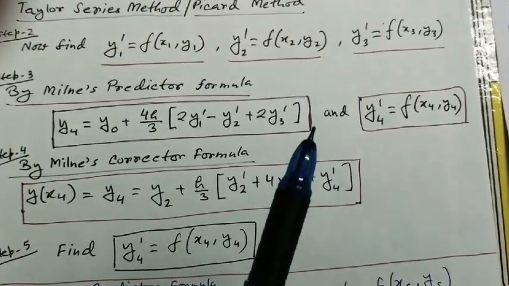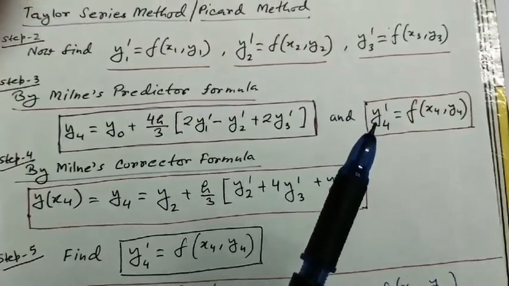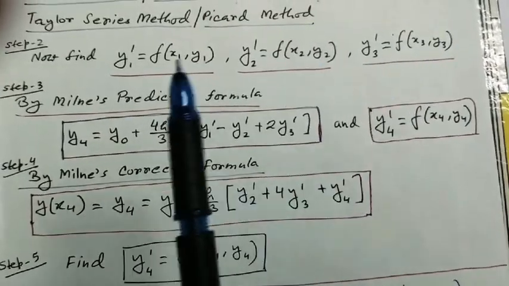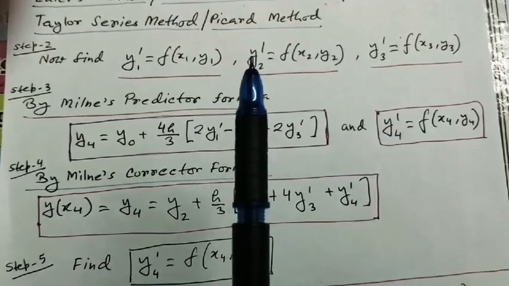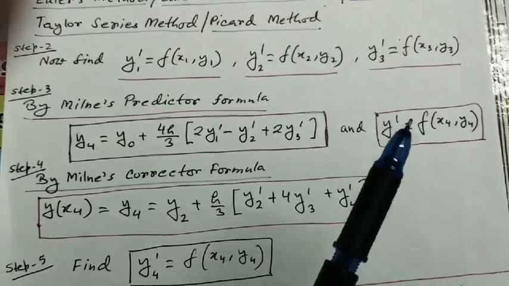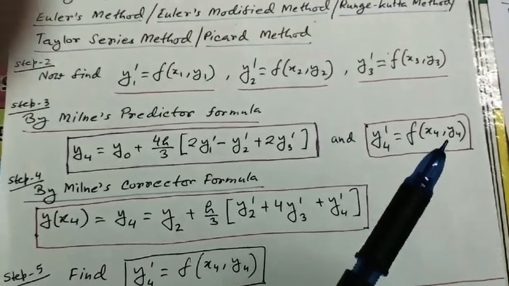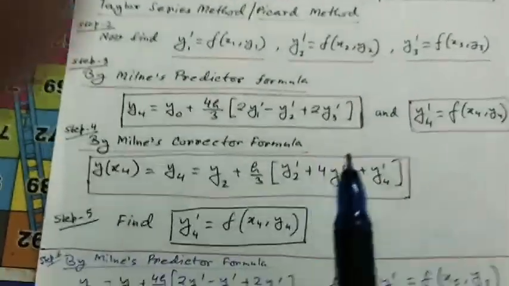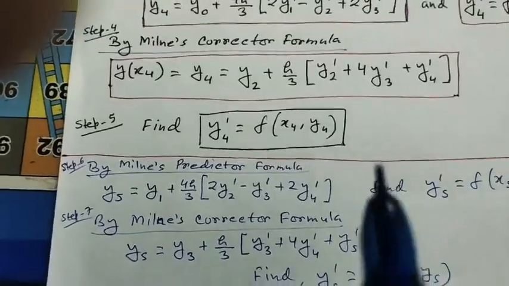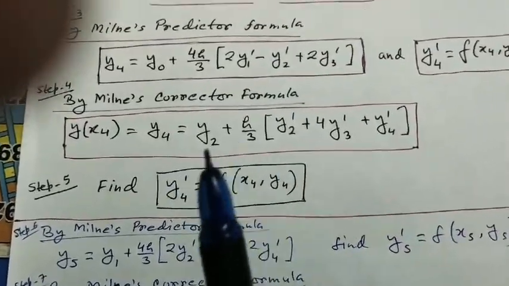And how will we get y4 dash? It is simple, like y3 dash: y4 dash equals f of x4, y4, as given. Now this value will be corrected by Milne's corrector formula.